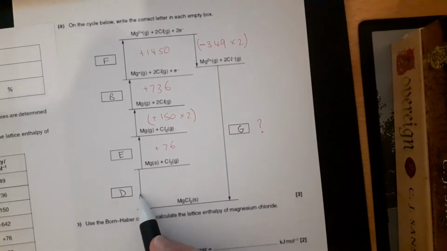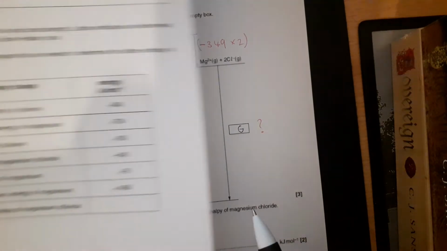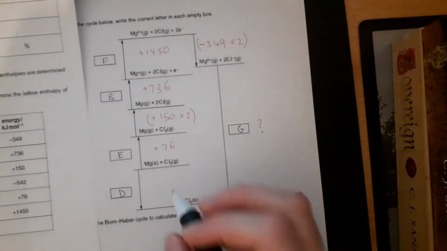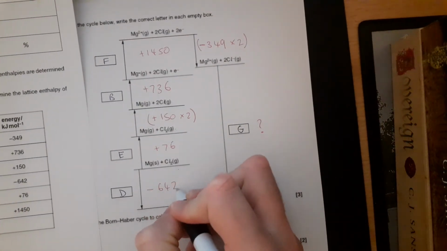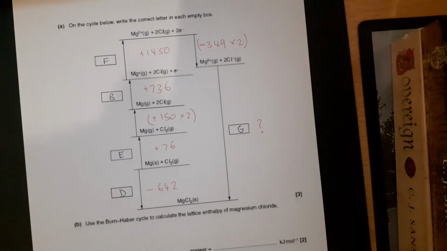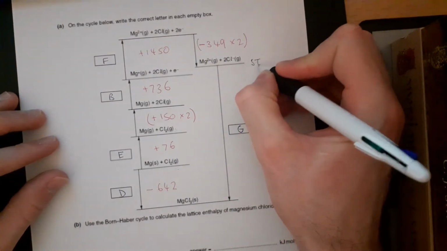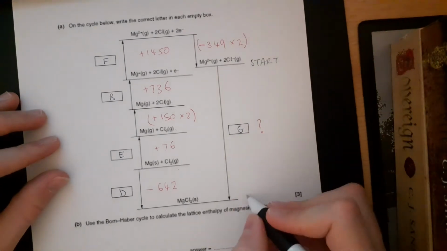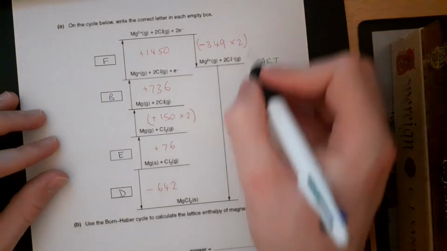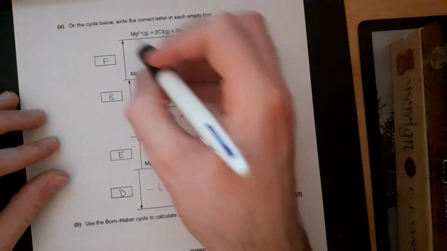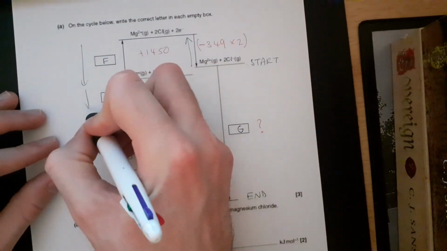And then finally the enthalpy of formation of magnesium chloride, which is minus 642. Okay, right, then we're going to say we're trying to calculate this one. So we're starting here and we're finishing here. So therefore we're going to have to go the other way around. So we're going to have to go up there from the start and then all the way down this side.